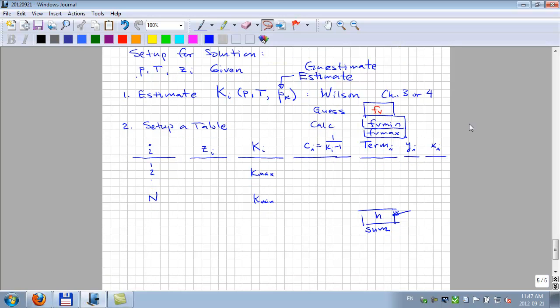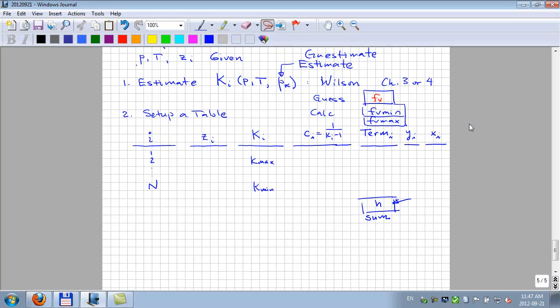So what changes as we change the value of F of V?